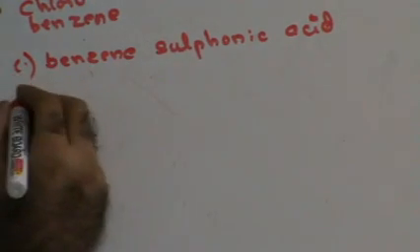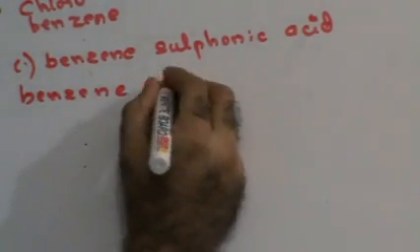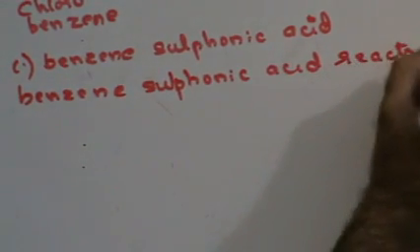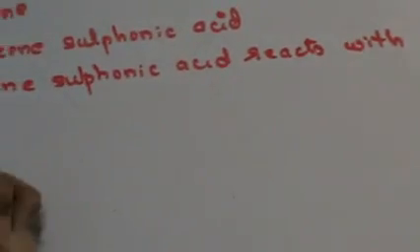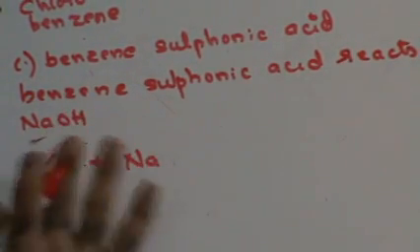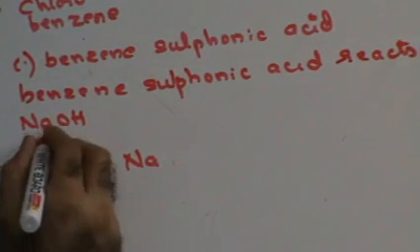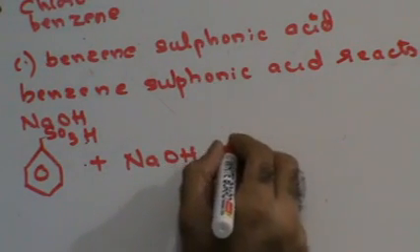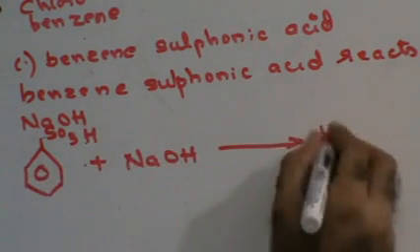See, I'll show you. From benzene sulfonic acid, you have benzene sulfonic acid, SO3H, which reacts with sodium hydroxide, NaOH, to form water, H2O.